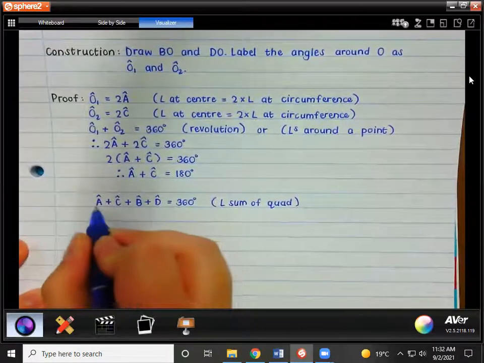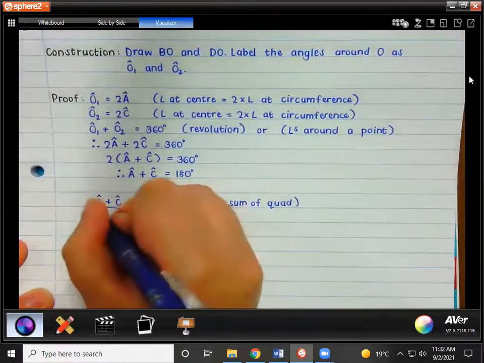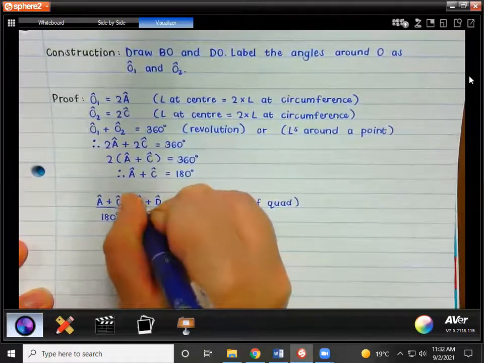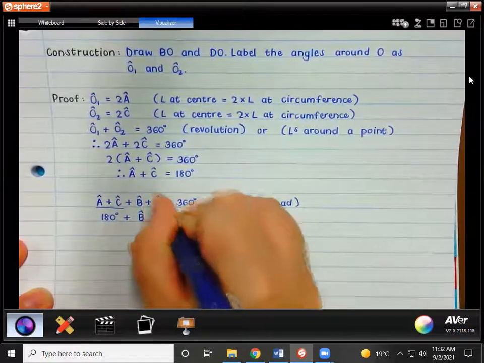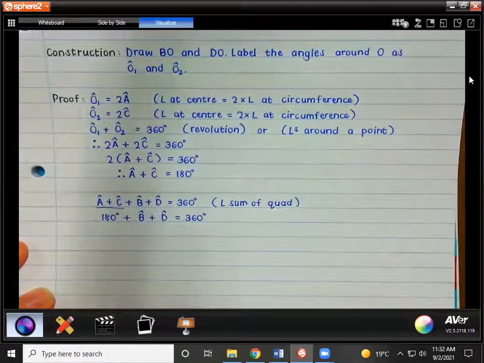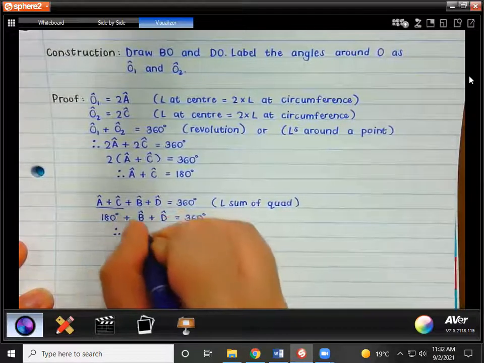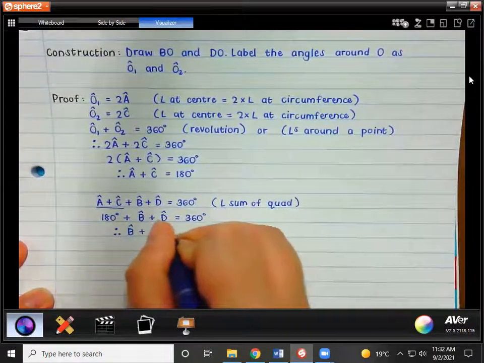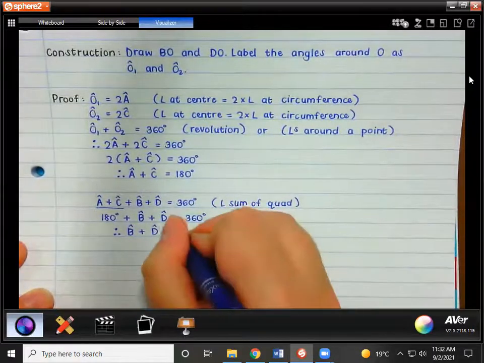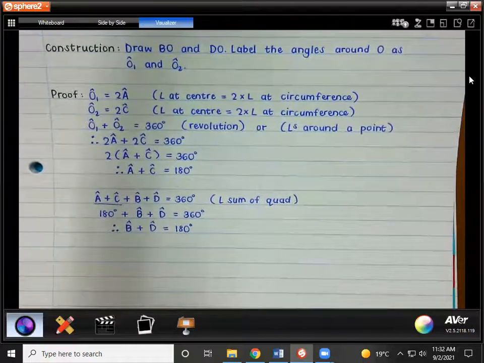But we've already proven that this is 180. So we have 180 degrees plus B plus D is equal to 360. So therefore, B plus D, if I move that 180 to the other side and minus it from 360, should add up to 180 degrees.